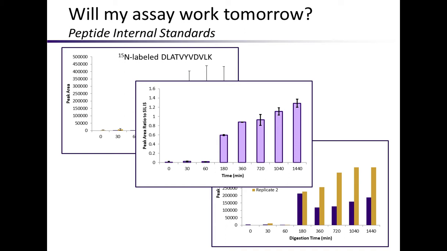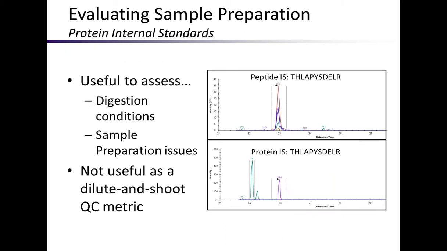If I have internal standards, I can normalize the signal. So this is the peak area ratio to some stable isotope labeled internal standards of this peptide, and I can restore the signal, and I can bring down the CV of these measurements. It's always important to include standards.